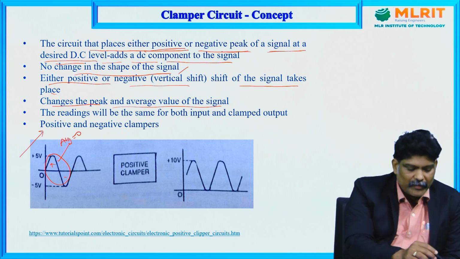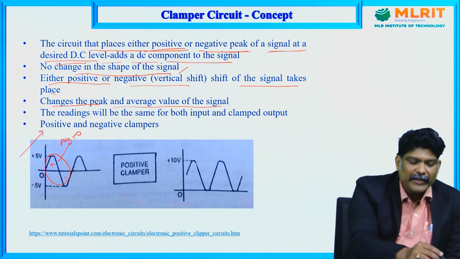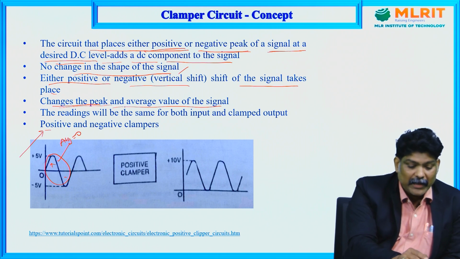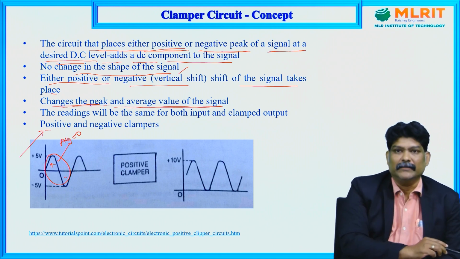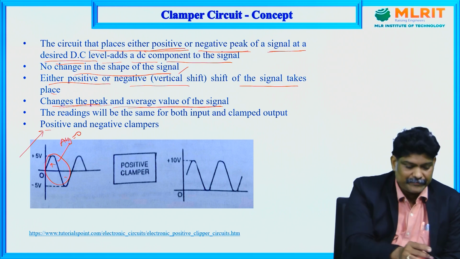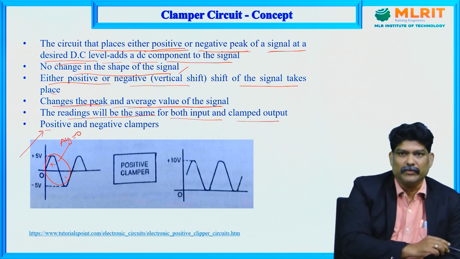If you apply this kind of input signal, the clamper circuit changes the peak and average value of the signal, but it does not change the peak to peak or RMS value. The readings will be the same for both the input and the clamped output.